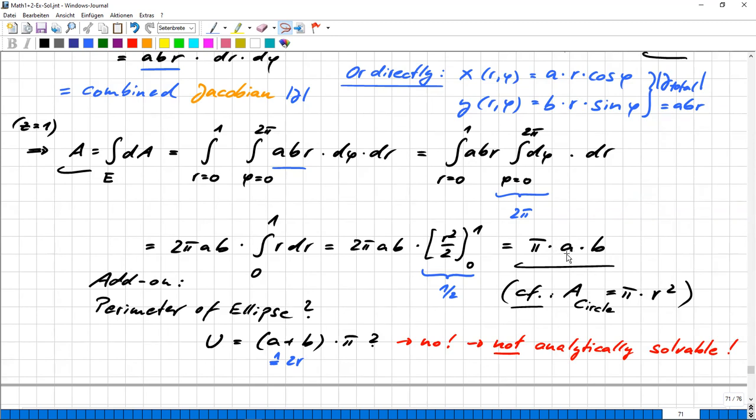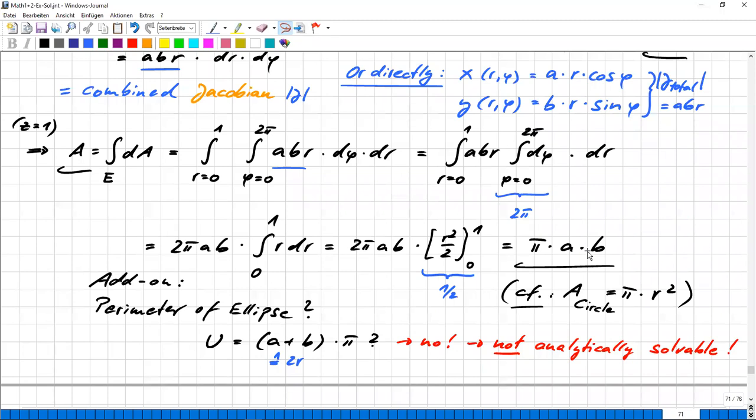It's sometimes called the major semi-axis A and the minor semi-axis B, these two. So usually you take the larger one for A and the lower one for B. It can be the other way around also. But anyway, this is what you get. You get pi times the product of the semi-axes of the ellipse as its area.